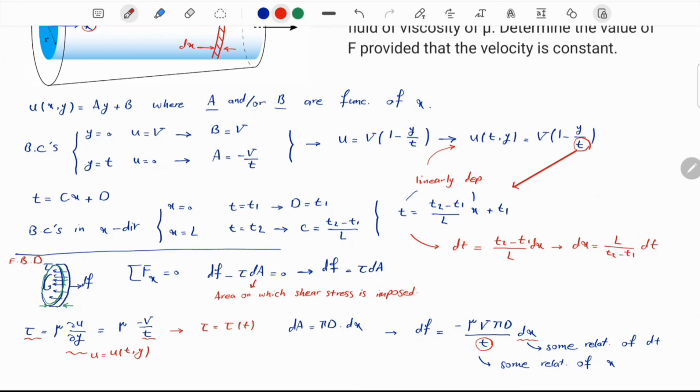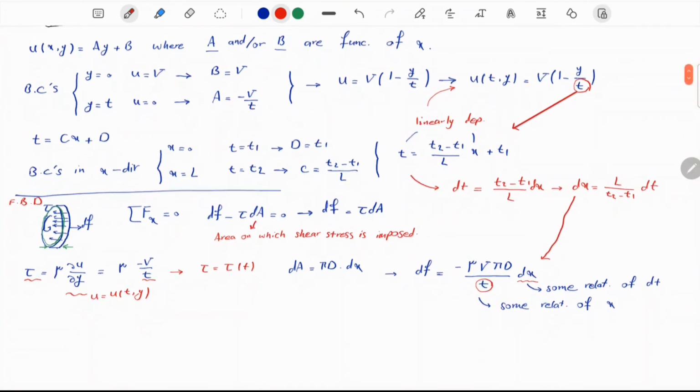Now, we can replace this dx in the equation below. Replacing it gives us dF equals minus mu V P D L over t sub 2 minus t sub 1, multiplied by dt over t.